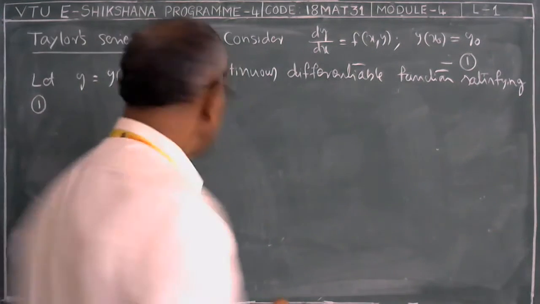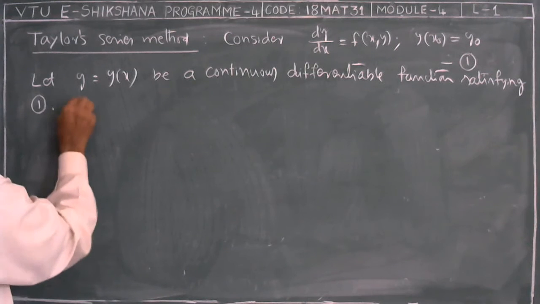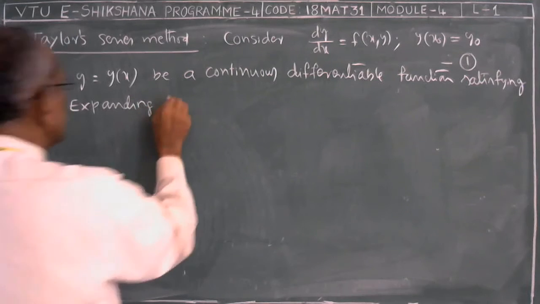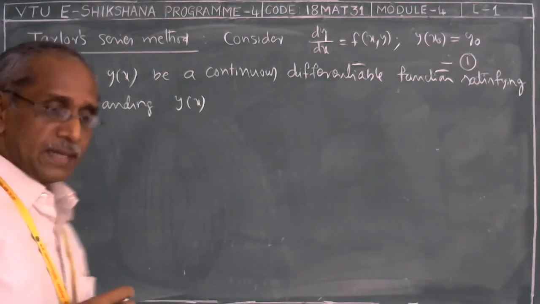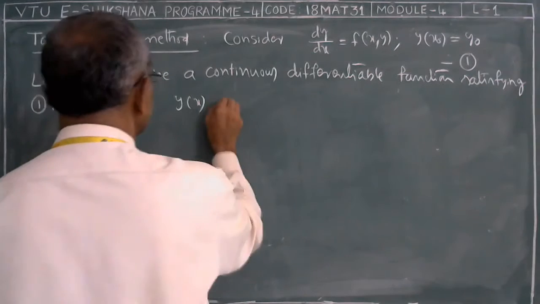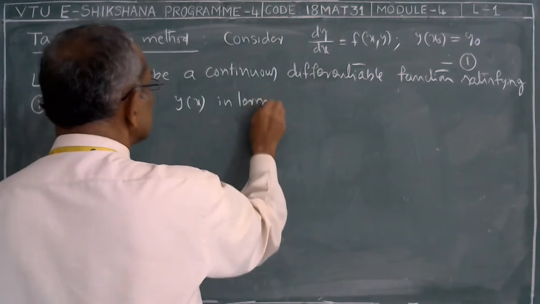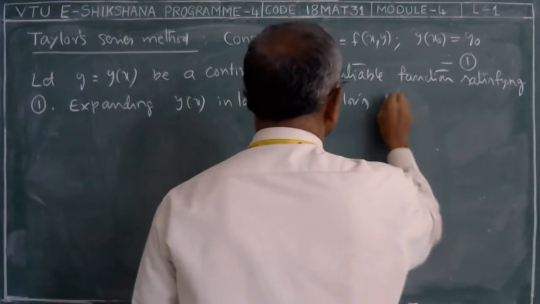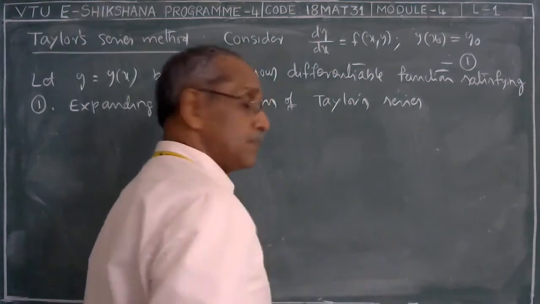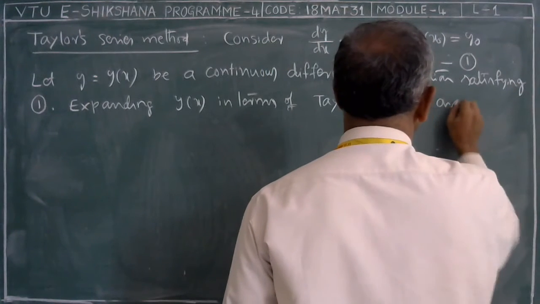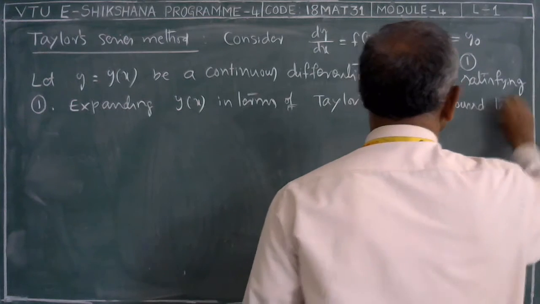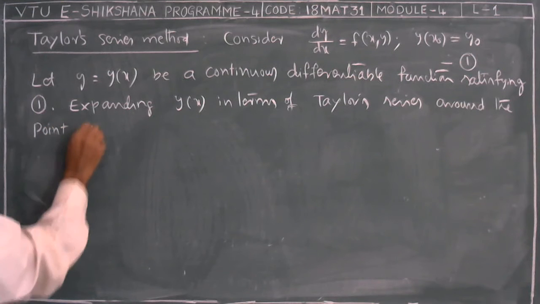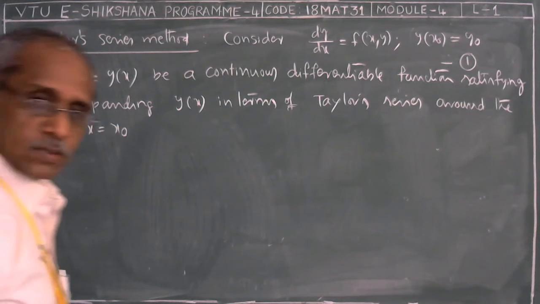Okay. Now expand y of x in terms of Taylor series around the point x is equal to x naught.